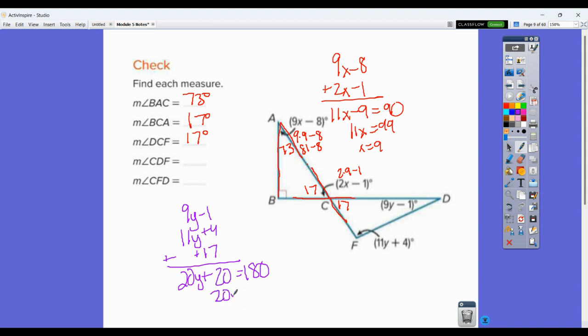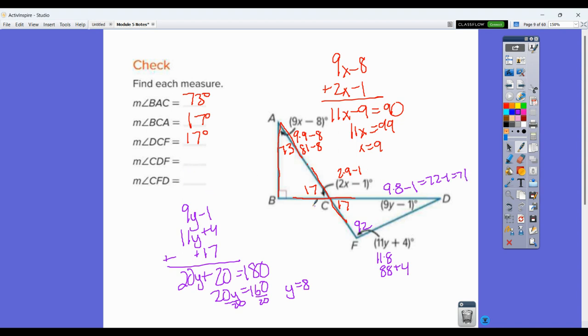Subtract 20, you get 20y equal to 160, and divide by 20, that's going to give me y equal to 8. If I solve with that, 11 times 8 is 88, plus 4 is 92, and 9 times 8 minus 1, so 72 minus 1 is 71.